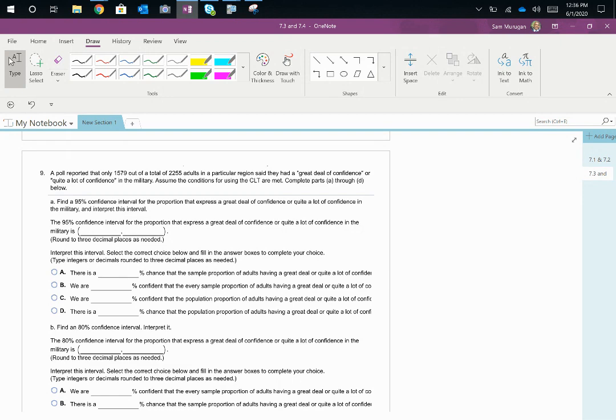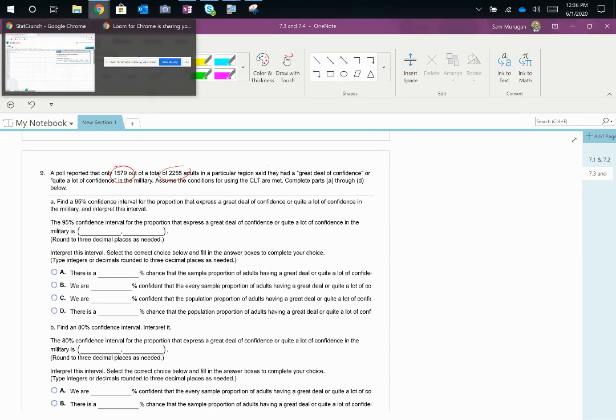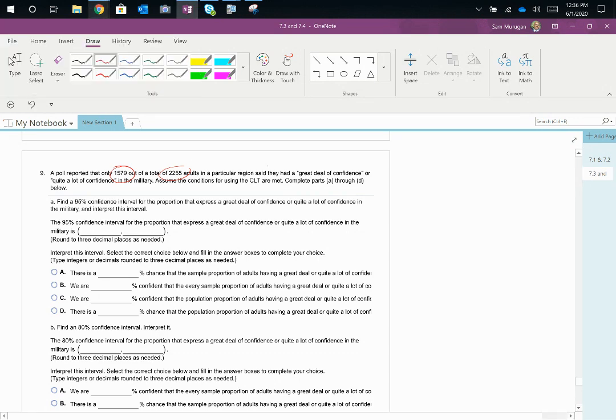All right. Question 9. A poll reported that only 1,579 out of 2,255 adults in a particular region said they had a great deal of confidence or quite a lot of confidence in the military. Assume that the conditions we use in the central limit theorem are met. Okay.